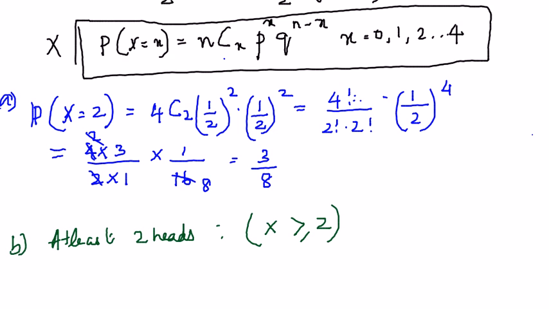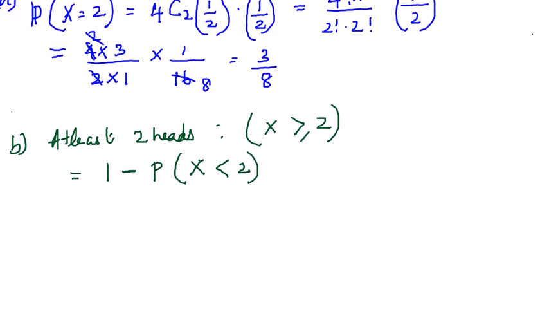So in that case, I can write it as 1 minus the probability of getting less than 2 heads. This is another way of writing it.